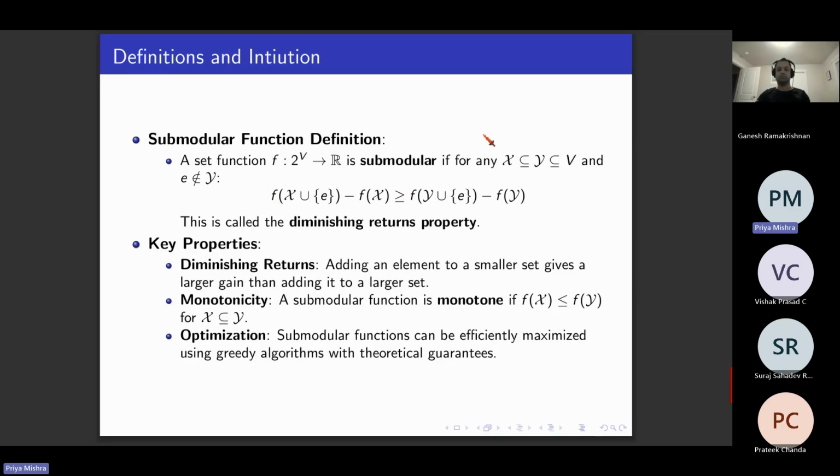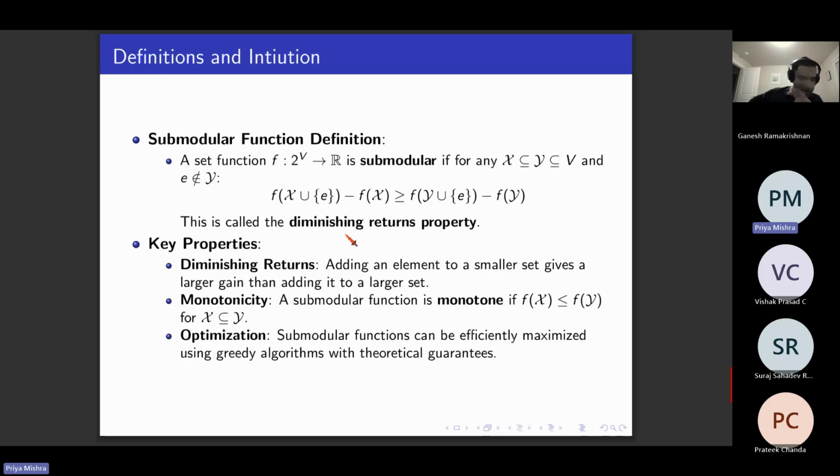If we have sets X subset of Y subset of V, which is our ground set, and we add an element e which is not in Y to the subset X, and we check the gain, the difference between the function after adding the element and before adding it, then the gain will be more for subset X than for subset Y. This property is known as the diminishing returns property.